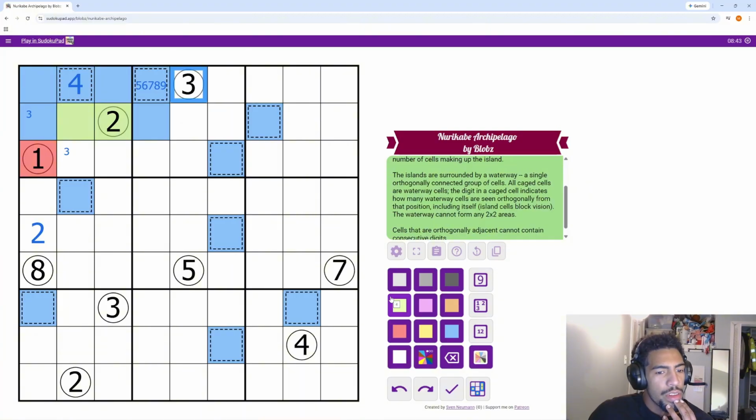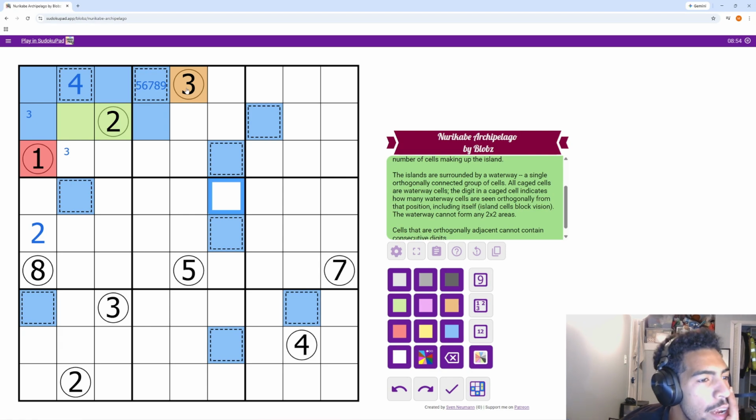We know this is an island that is not red or blue. Let's do orange. No, orange needs 2 more. There needs to be 2 more orange cells associated with this orange cell. And I could go this way if that was all orange.